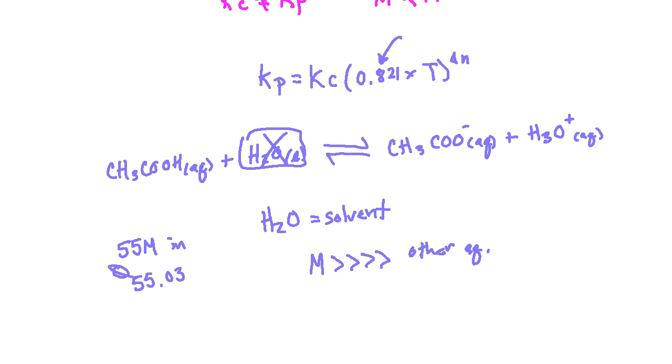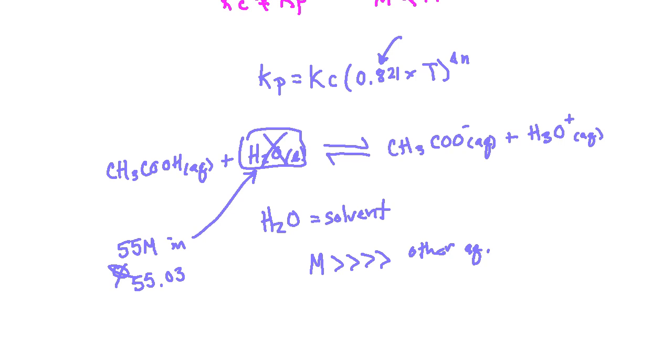That's not really going to be a significant change. So we would consider that the water is constant in that case. And when it's constant and is not going to go through any type of change, then we can omit it from the equilibrium constant. We don't have to consider it when running our calculations there.